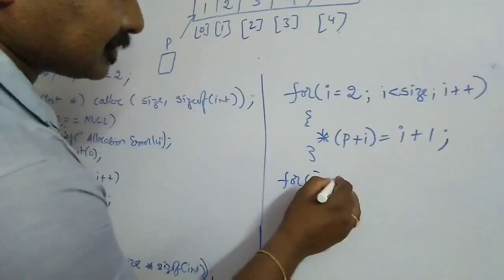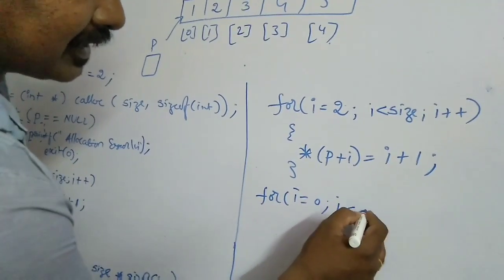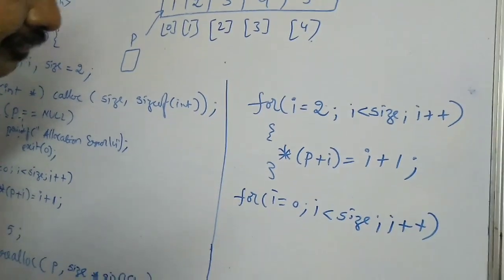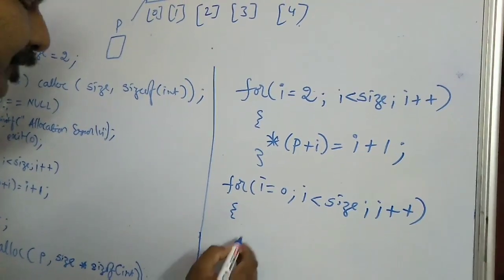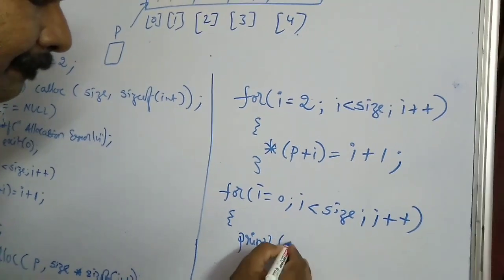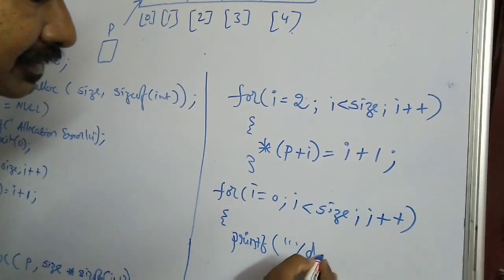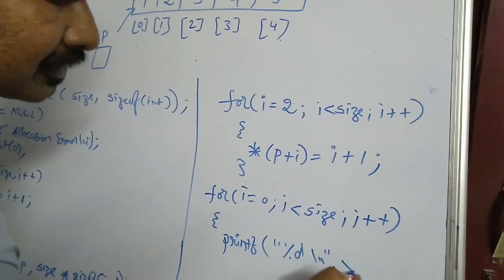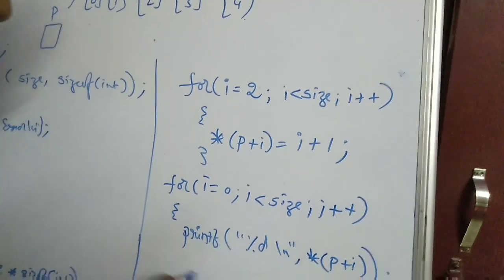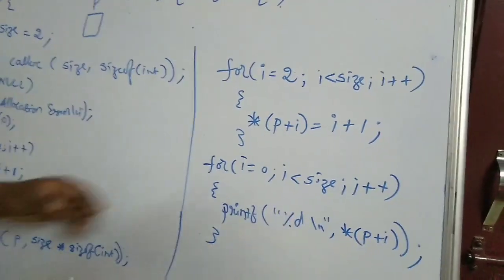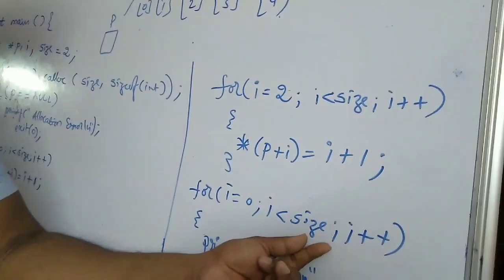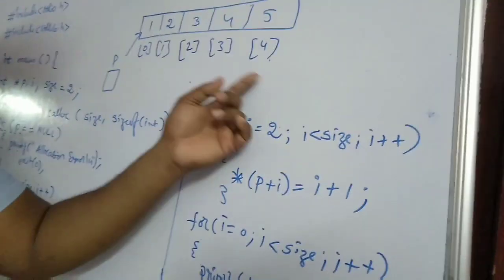For i equals 0, i less than size, i plus plus, printf percentage d slash n, star of p plus i. Okay friends, this for loop runs 5 times and prints all the elements from index 0 to size minus 1, that is index 0 to 4.